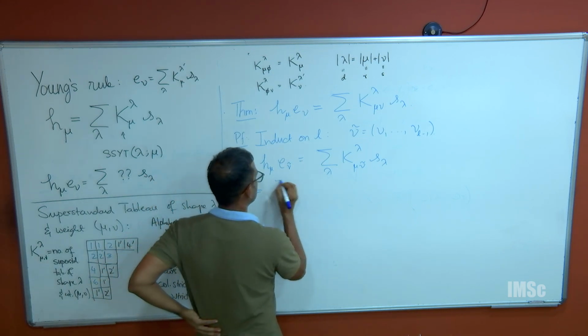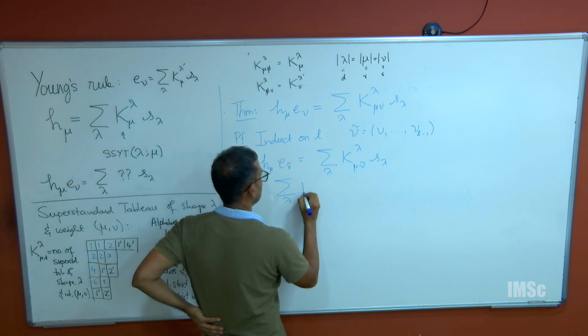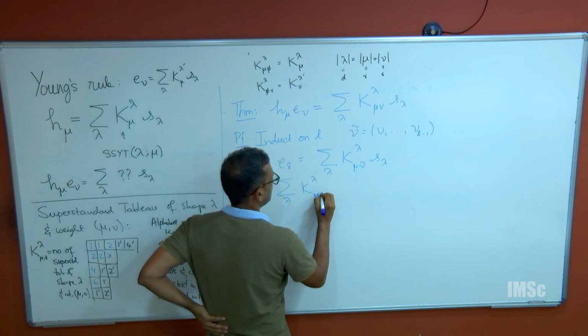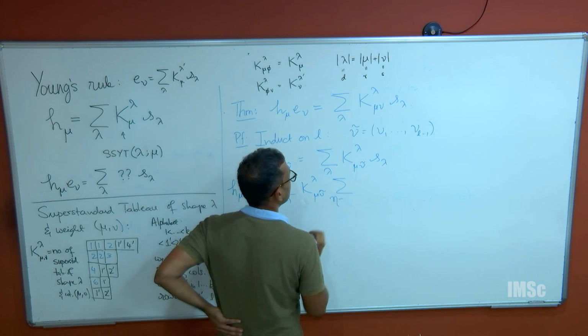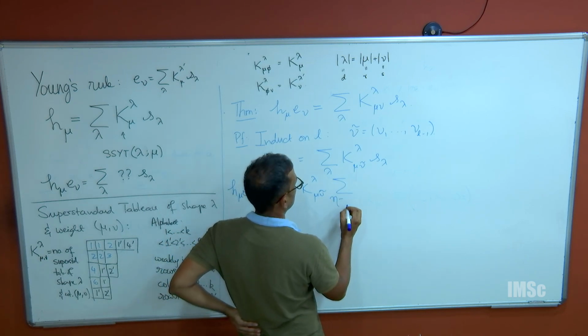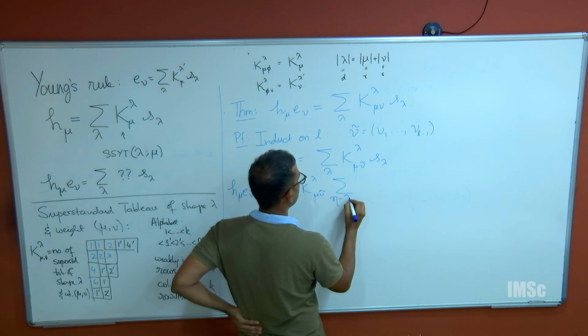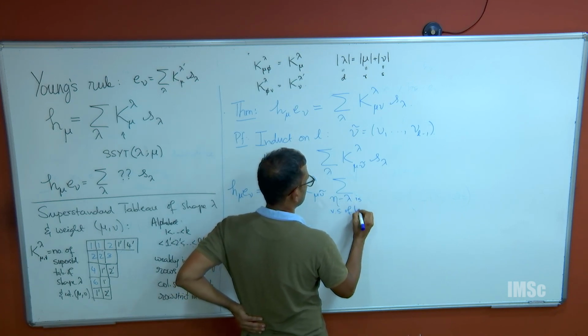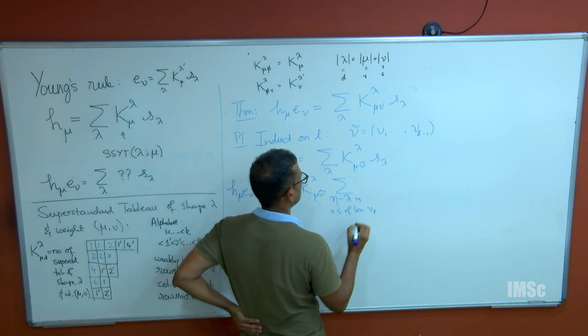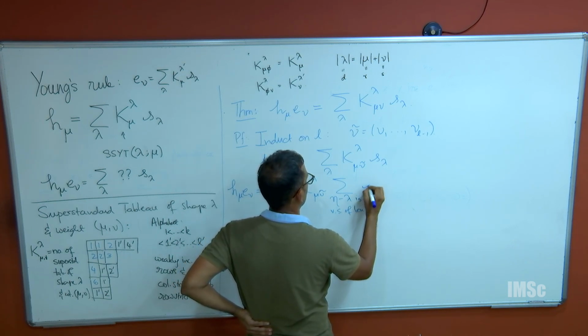So this is just the sum over λ of K_{λμν̃}, times the sum over η such that η minus λ is a vertical strip of length ν_l, of s_η.